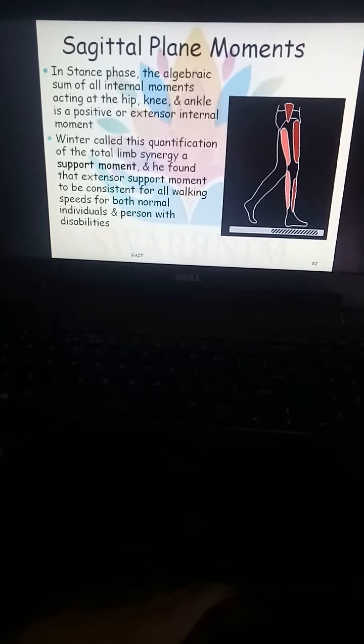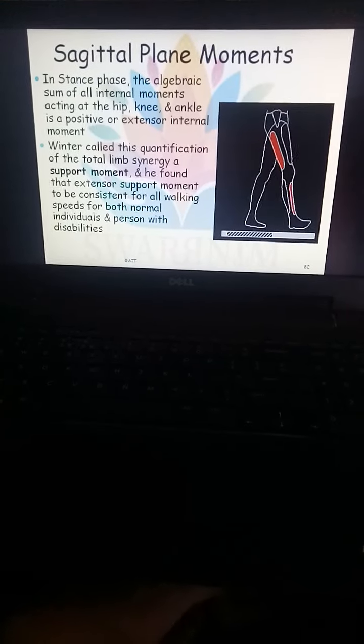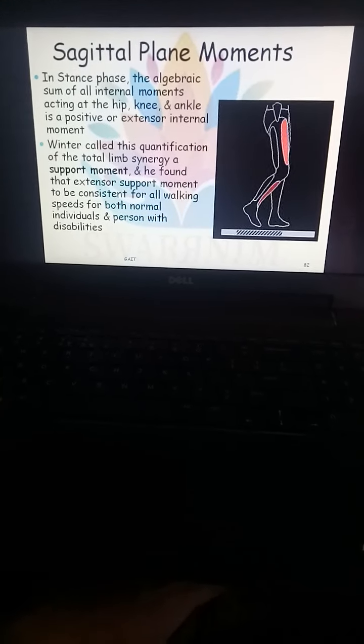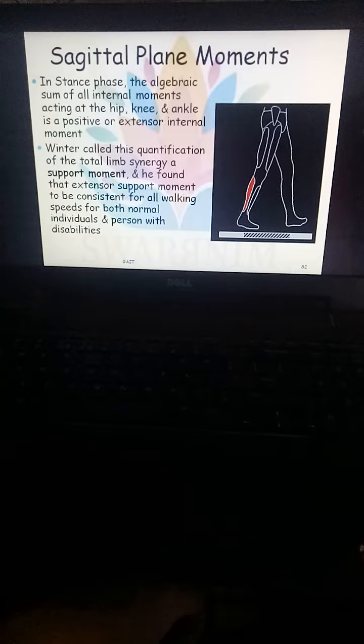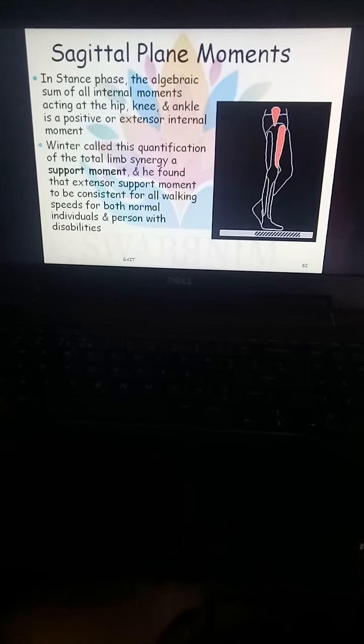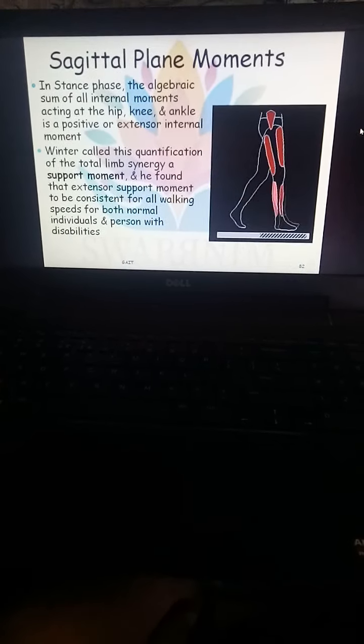Now one author named Winter called this quantification of the total limb synergy a support moment, and he also found the extensor support moment to be consistent for all walking speeds, for both normal individuals as well as persons with disabilities.